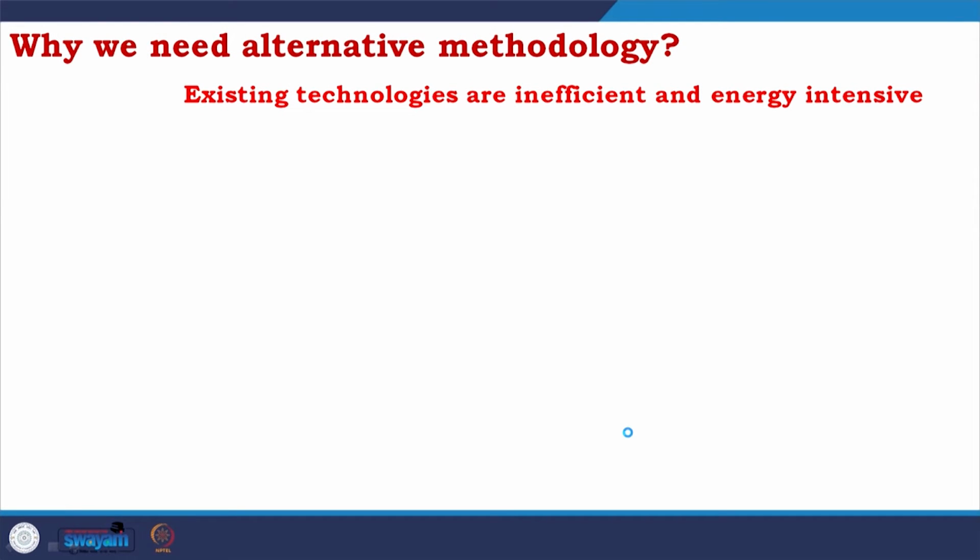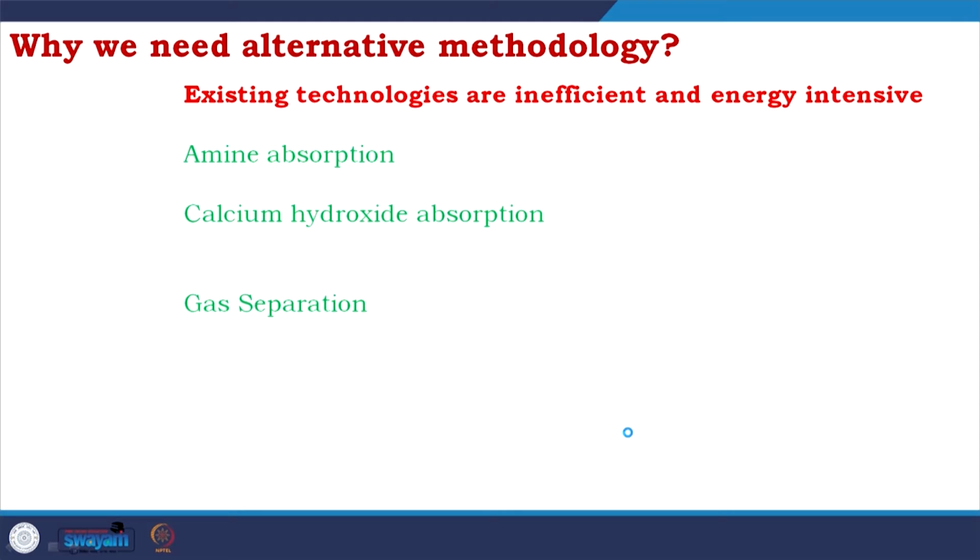So, when CO2 gas is emitting, what are the existing technologies? Existing technologies are inefficient and energy intensive. There are amine absorption, calcium hydroxide absorption, and gas separation.